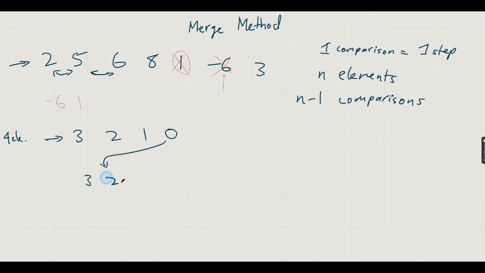Now it makes 2 more, so it makes n-2 comparisons in the second step. If you keep doing this, you can see that it eventually goes down to 1 comparison.